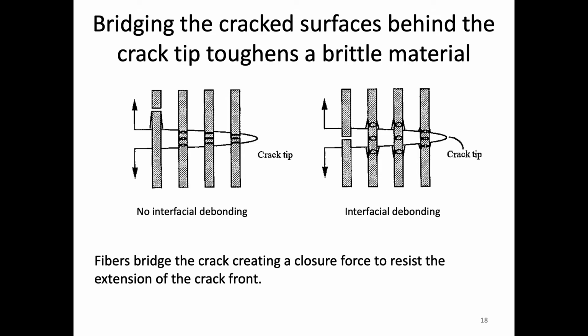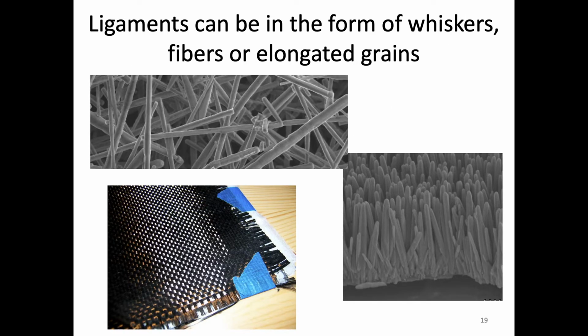And so what's happening here is that you can think of these fibers that bridge this crack as creating a sort of closure force or something that clamps down on the crack front. All right. So these fibers or ligaments can be in the form of whiskers, fibers, elongated grains, a number of different things here.